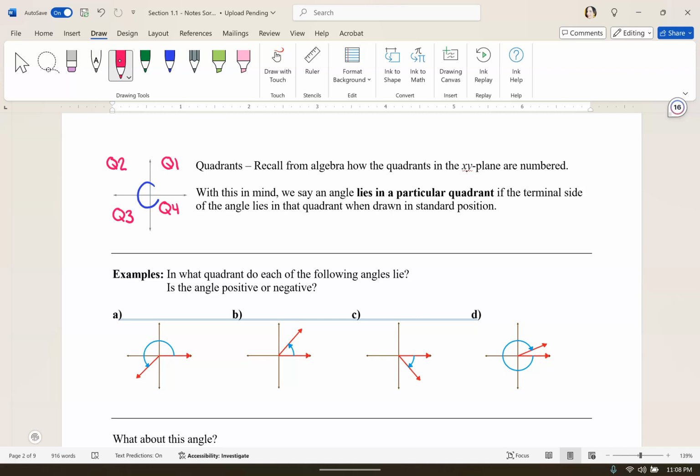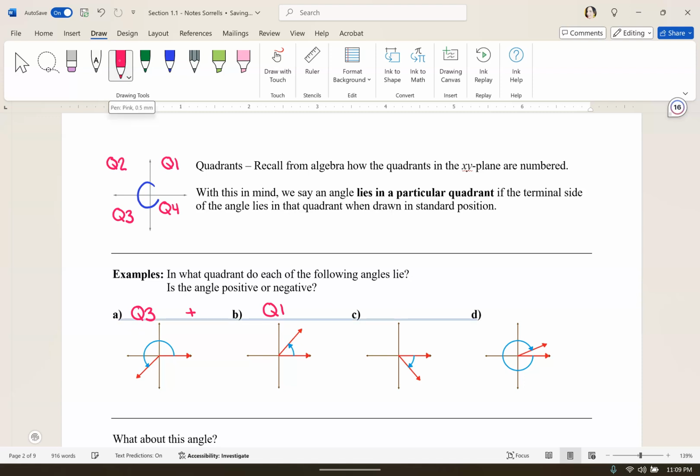The first thing we're going to answer is, in what quadrant does each of the following angles lie? For this one, you should have said quadrant 3, and because I went up, this one is a positive angle. B, you should have told me quadrant 1.